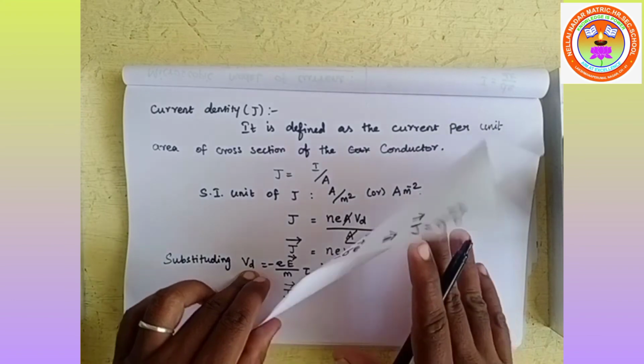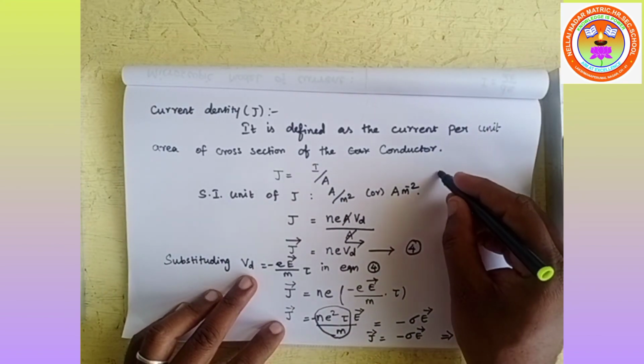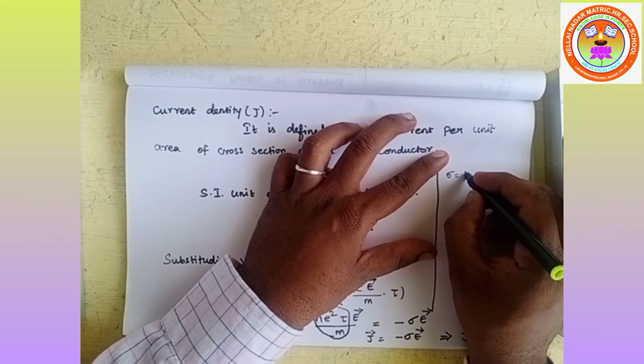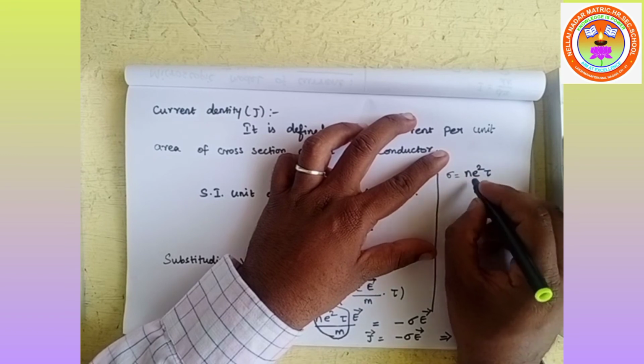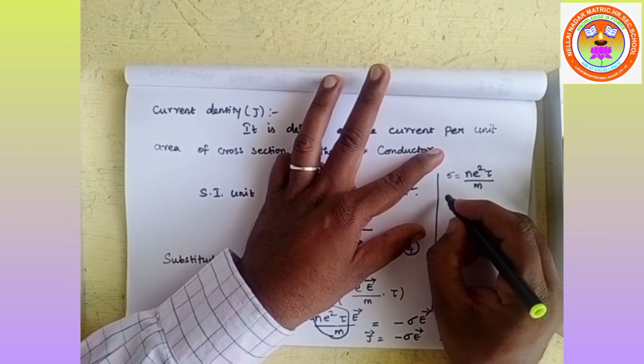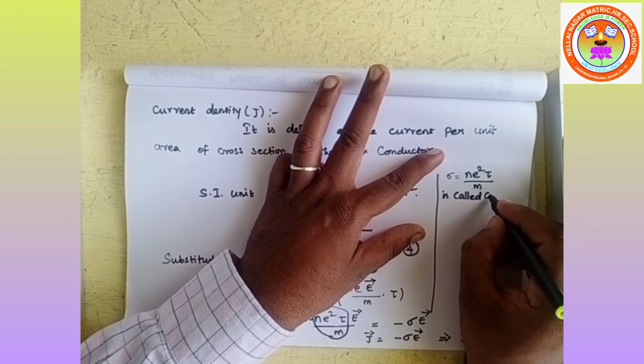Okay students, here we take sigma, where sigma is equal to n into E square tau divided by m, is called conductivity.